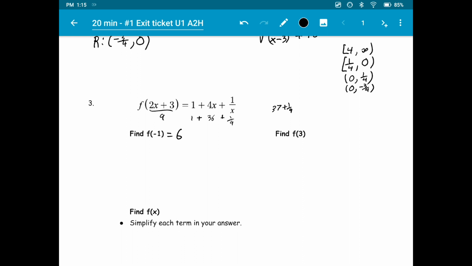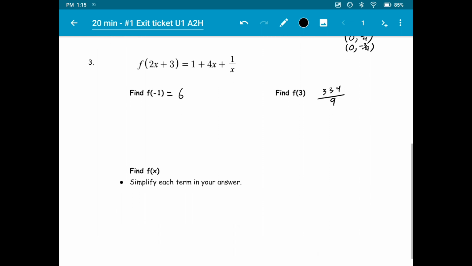Or if I take 37 times 9, I get 333 plus 1 is 334/9. And that is my answer.